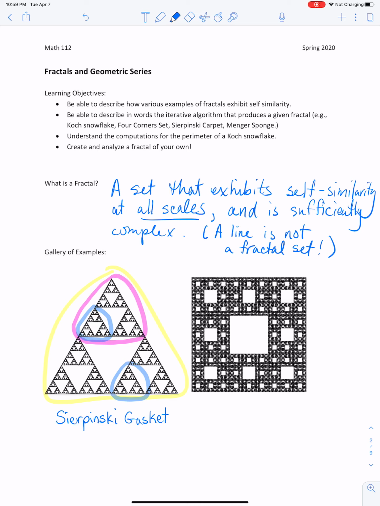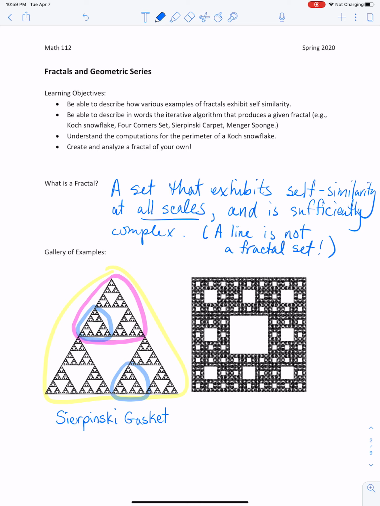It doesn't actually have to look exactly the same. There are some fractals that are considered fractals. You may have heard of the Mandelbrot set. That doesn't look exactly the same as you zoom in, but it has kind of similar complexity. So I won't be showing that fractal here today. It's not one of the kinds of fractals that we'll be analyzing with geometric series. But let me run through some of these other examples.